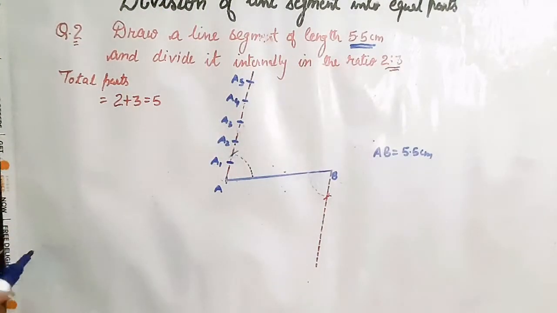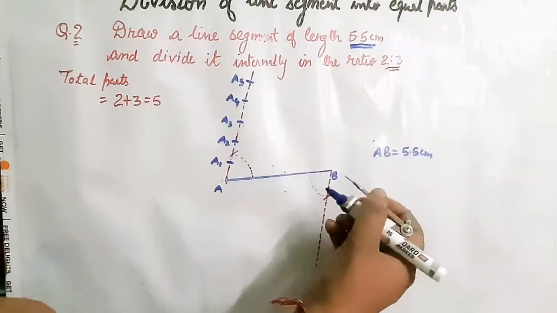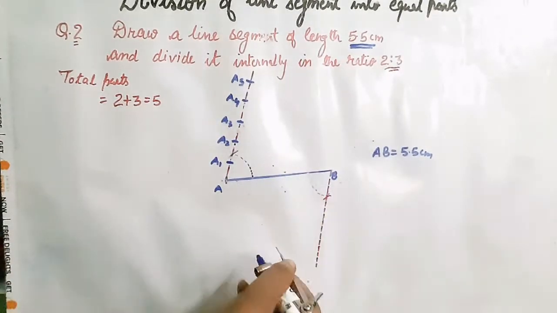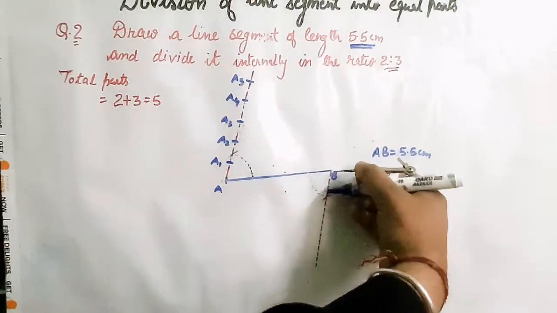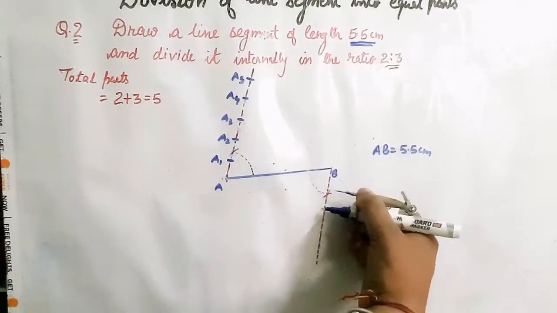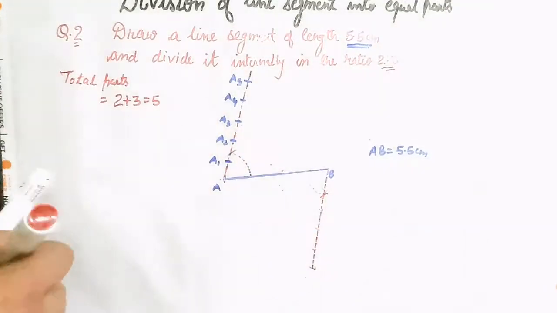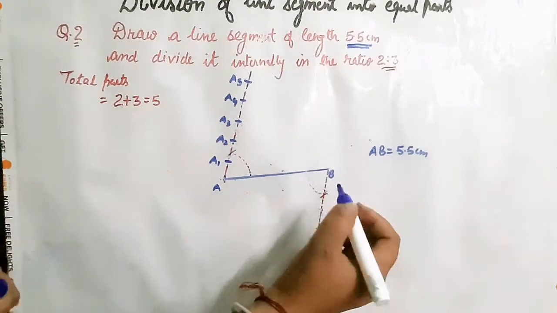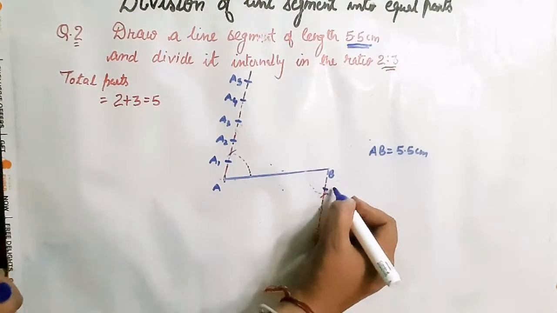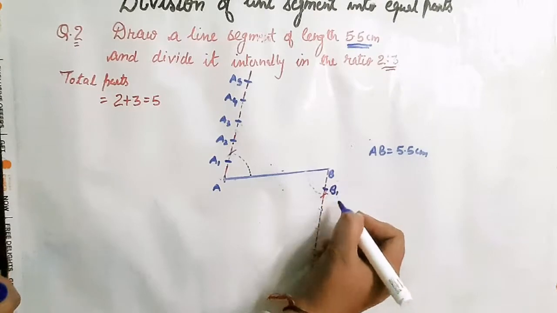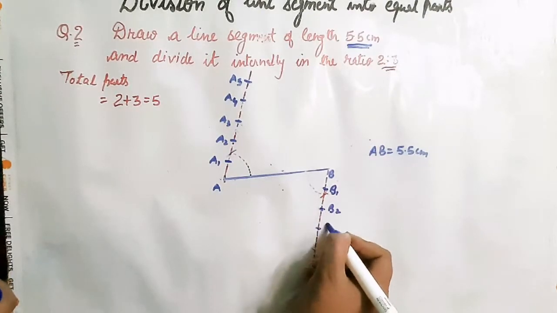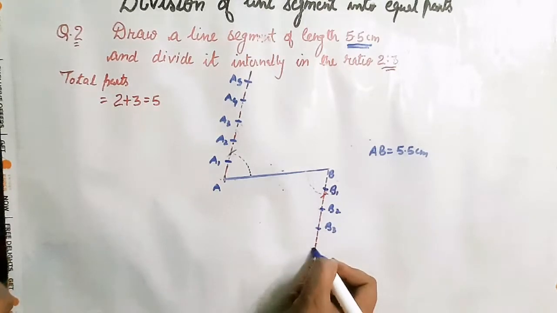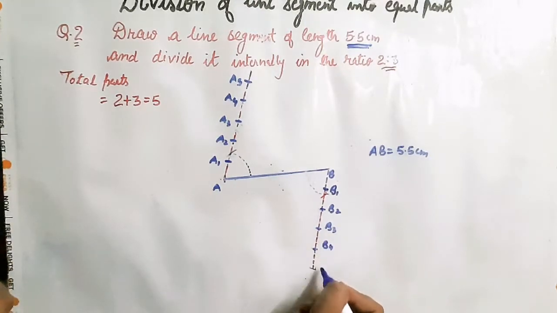In the same way, you have to mark 5 points on the arm of angle B. Now let us mark them. This one is B1, then B2, then B3, then B4, then B5.